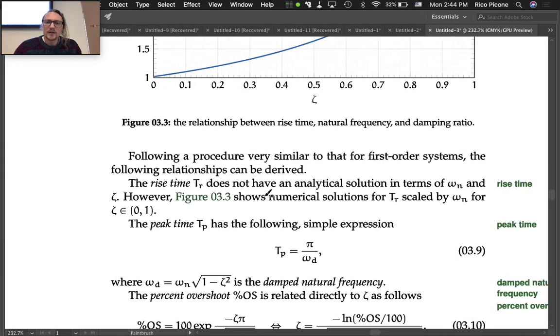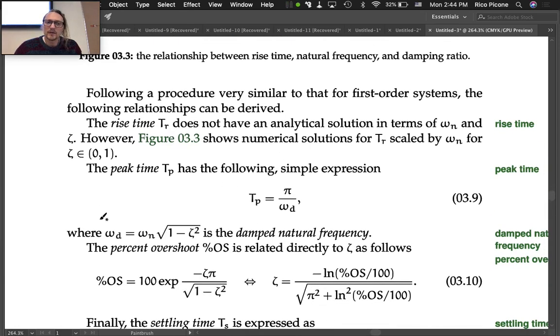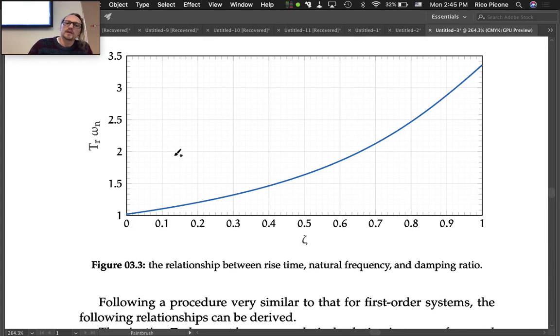Following a procedure very similar to that for first-order systems, the following relationships can be derived. The rise time does not have an analytical solution in terms of the natural frequency and damping ratio. However, Figure 3.3 shows numerical solutions for TR scaled by the natural frequency for underdamped systems.